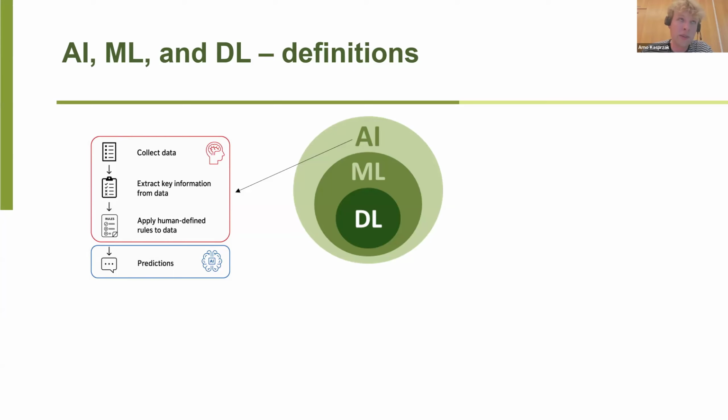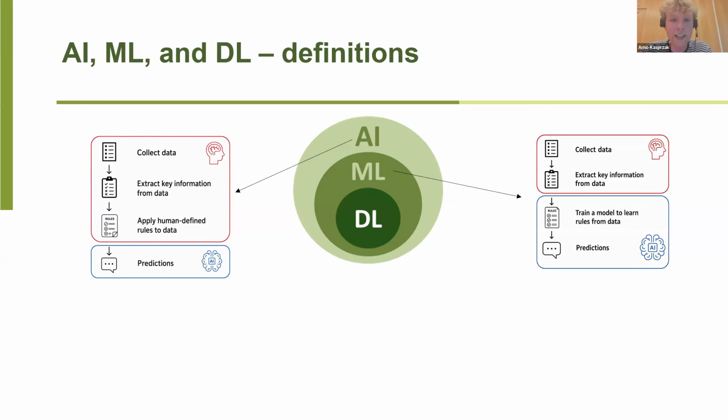So it's really about mimicking the human brain in an artificial way. If you are looking at machine learning, then again, you need to collect data, extract key information from this data. But the difference now is that with machine learning, as the word says, the machine tries to learn the rules by itself for making predictions. So that's the big difference between machine learning and AI.